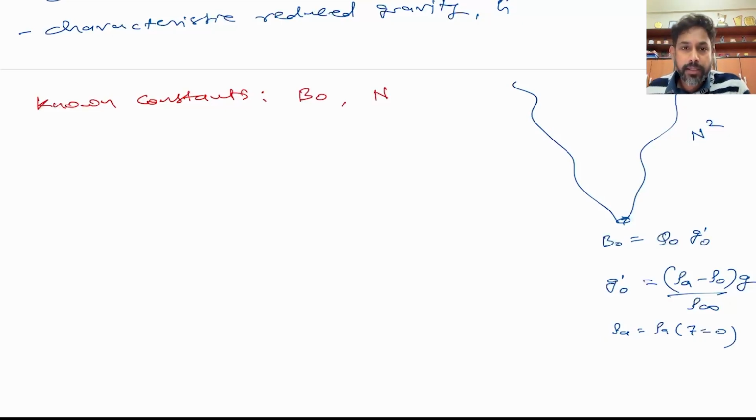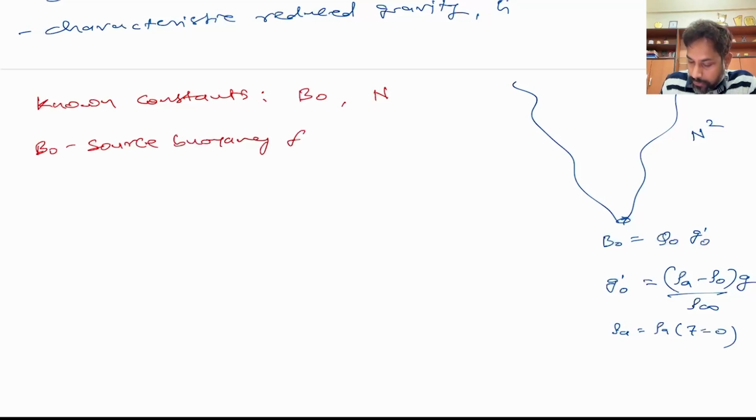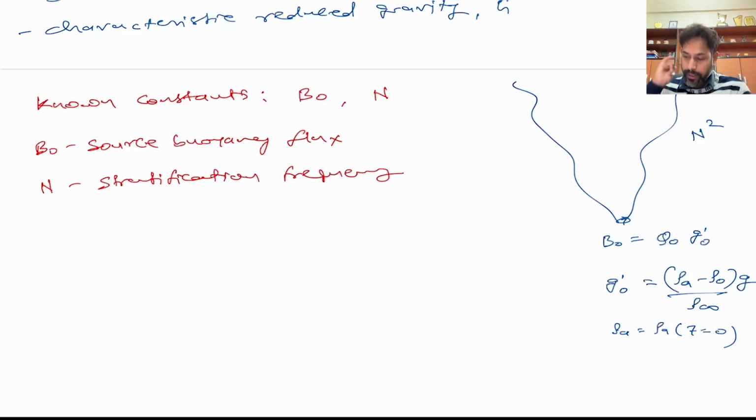Because B naught is the input buoyancy flux, the source buoyancy flux, and N is the stratification frequency, and N depends only on the rho ambient, as we have already defined N square as minus 1 by rho infinity, which is G by rho infinity d rho A by dz.